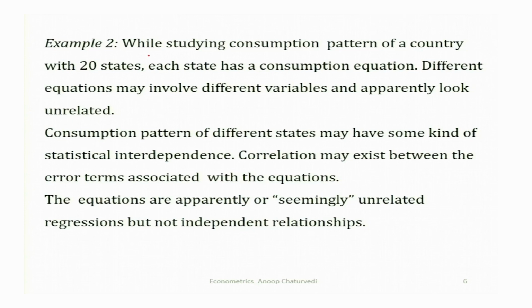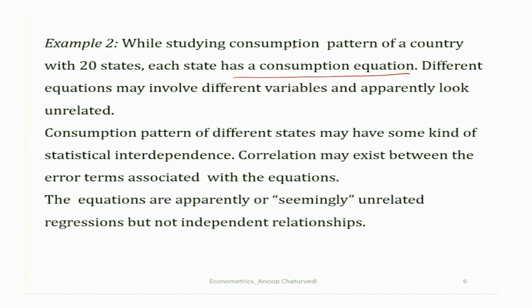Then in the next example, while studying the consumption pattern of a country with 20 states, each state has a consumption equation. So, for each state a consumption equation has been developed. So, in all you have 20 separate consumption equations.